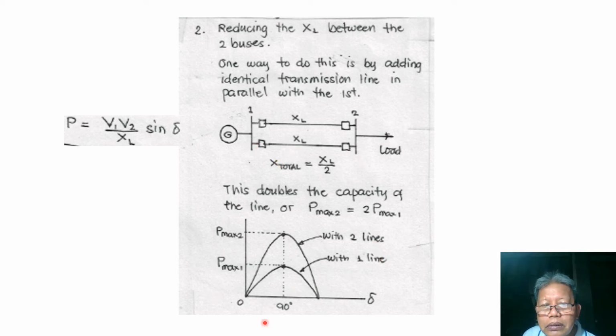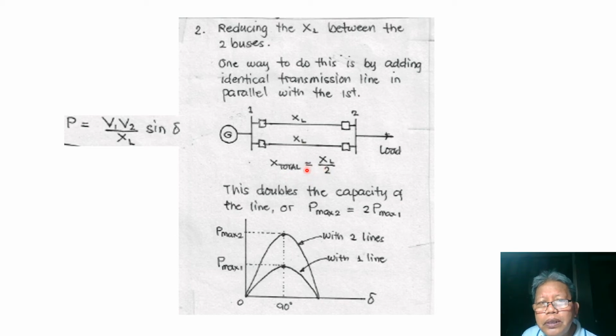So we see here that we have doubled the power that can be delivered by our generator, assuming that our generator still has enough capacity to deliver this much power, with the maximum power being twice that of the first. This is the direct way of decreasing the total reactance of the line.